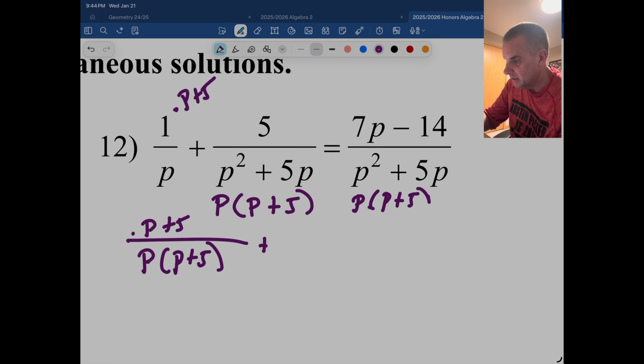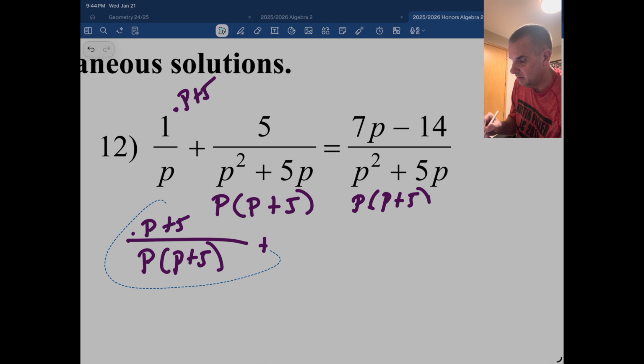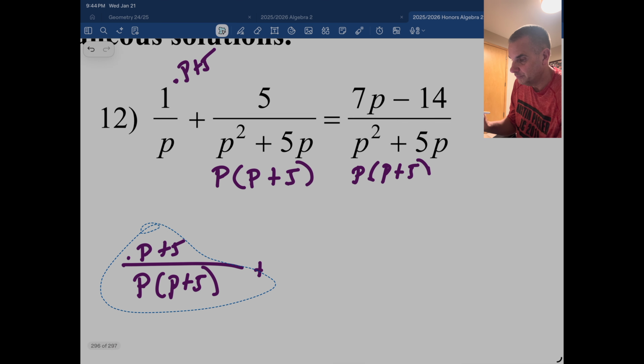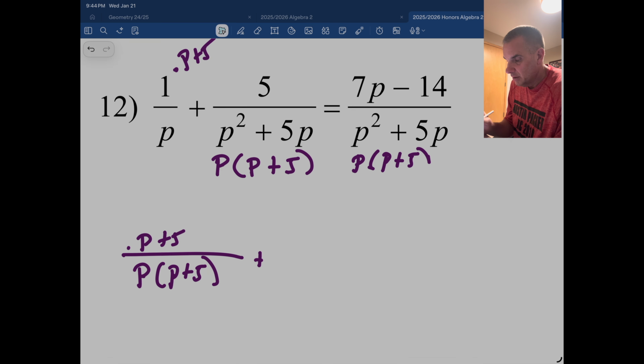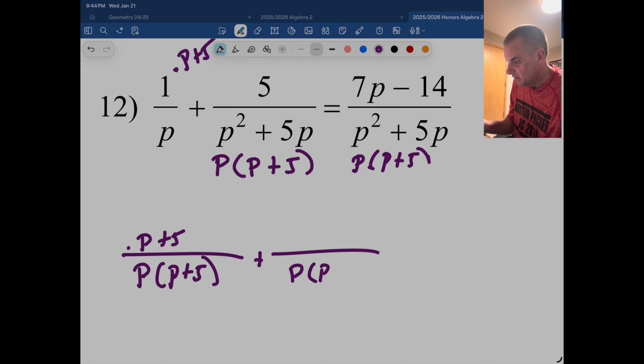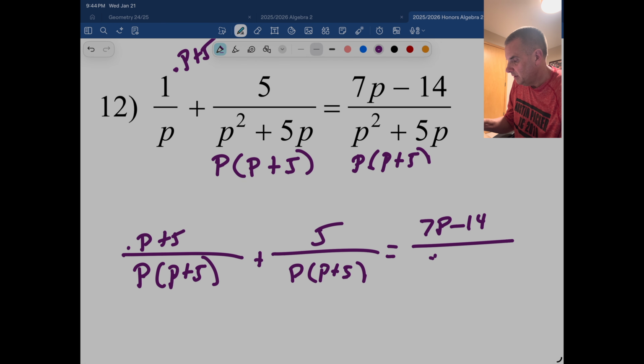We're going to take this times p plus 5, plus, let's move this down. I'm really running out of space. Common denominator is p times p plus 5. So this doesn't change, that's just 5 equals, and this doesn't change, p times p plus 5.